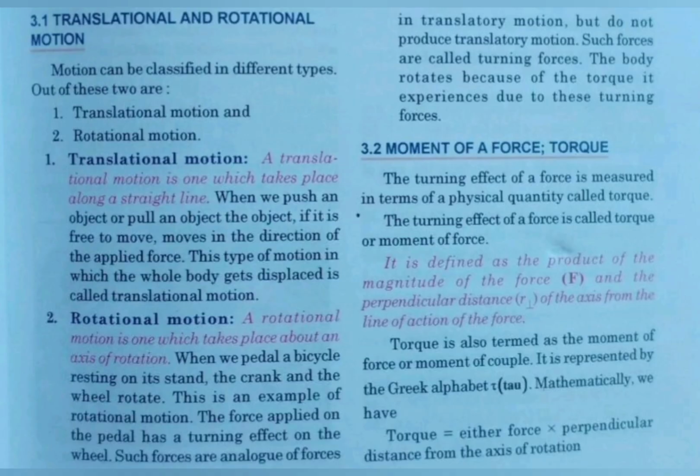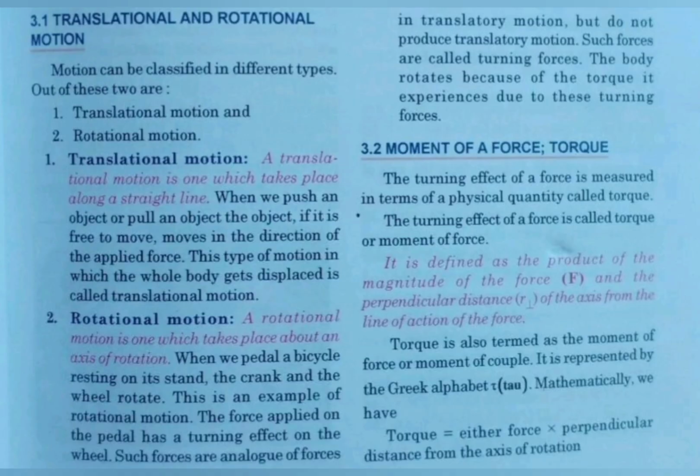The force applied on the pedal has a turning effect on the wheel. Such forces are analogous to forces in translational motion, but do not produce translational motion. Such forces are called turning forces. The body rotates because of the torque it experiences due to these turning forces.